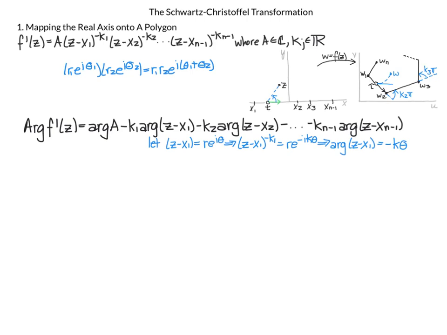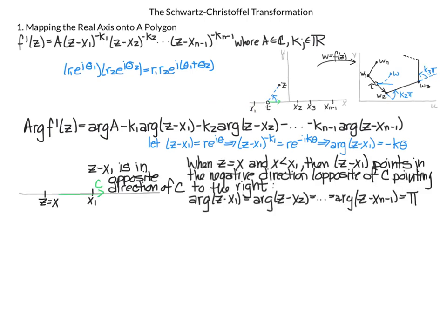We're going to consider what happens as we move along the real axis, and we're going to start when we're out here less than x1. So let's start. When z is equal to some number on the x-axis, some x, and x is less than x1, so we're over here, then z minus x1 points in the negative direction.